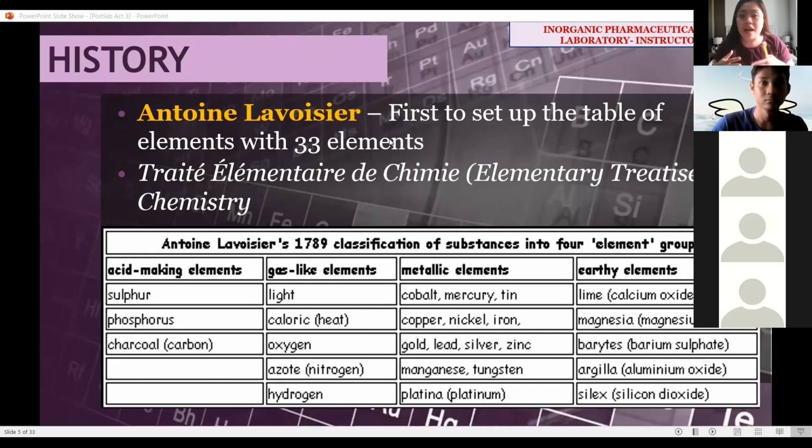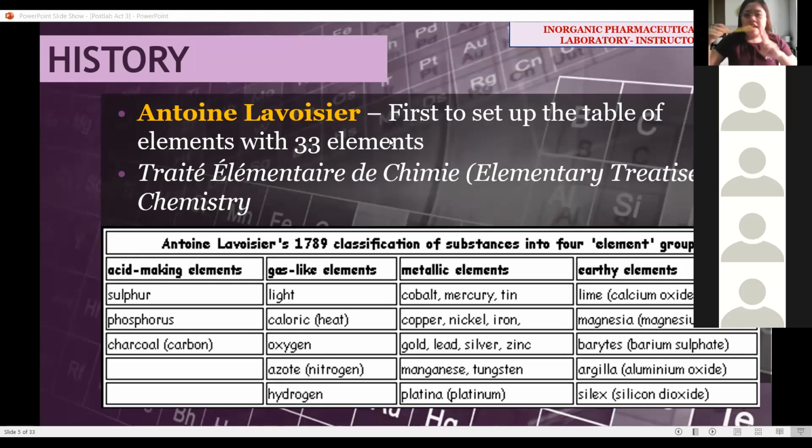So he was the first to set up this table, but with only 33 elements, and only four groupings. He grouped the elements into acid-making elements, gas-like elements, metallic elements, and lastly, earthy elements.